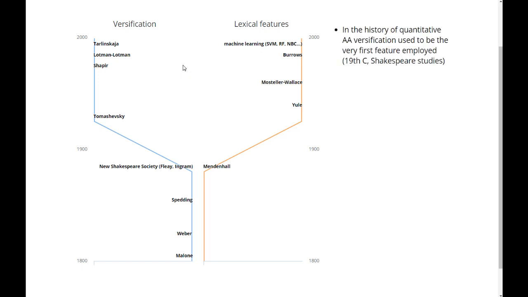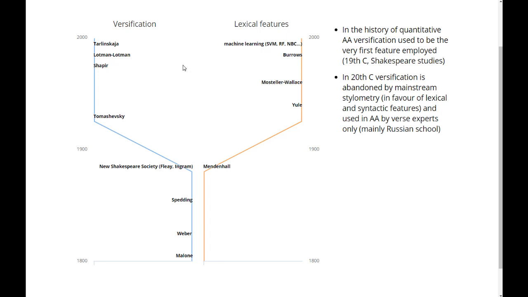So versification, we may say, was the very first feature employed. In the 20th century, however, versification is somehow abandoned by mainstream stylometry in favor of lexical and syntactic features.